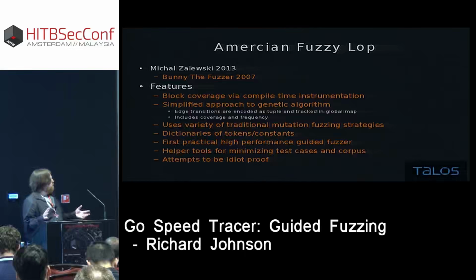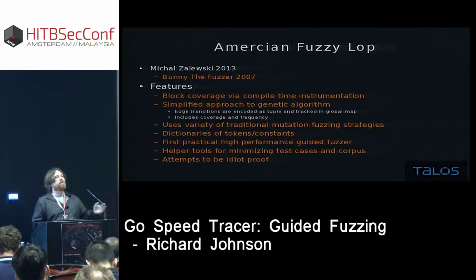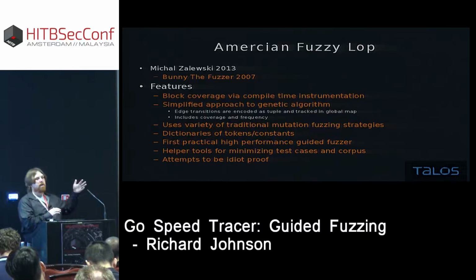But American Fuzzy Lop essentially is a compile time instrumentation. It was out of the box anyways, but it simplified the approach to the genetic algorithm, specifically in keeping track of your entire execution time. So if you're fuzzing something for weeks on end, it keeps a memory mapped byte array that essentially takes a source block and a destination block of the branch.